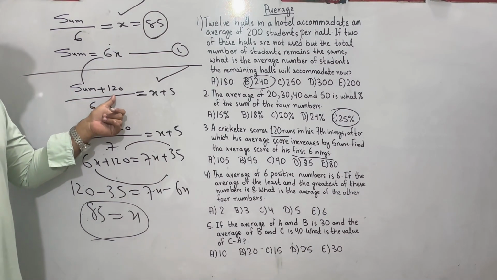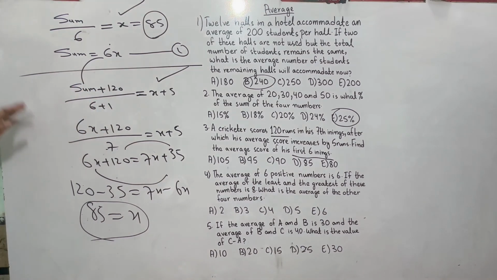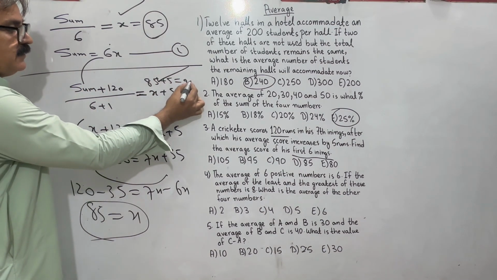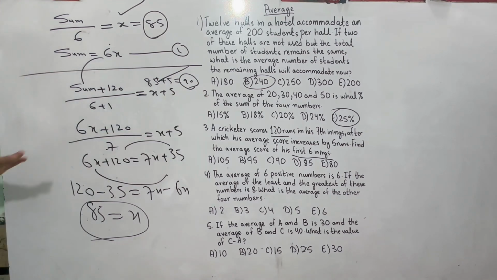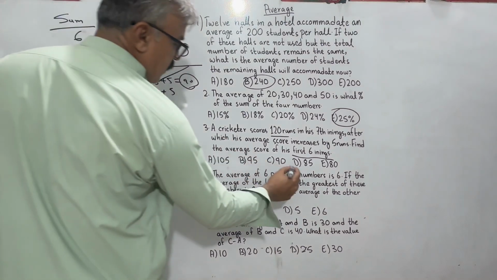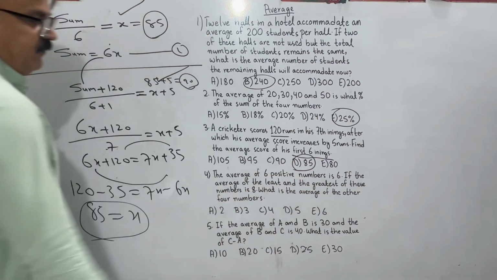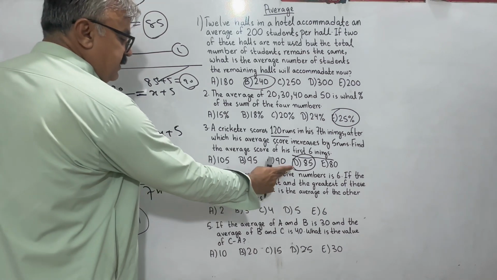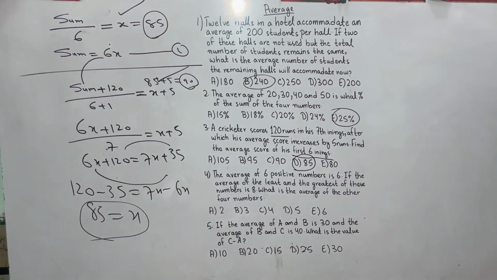On scoring 120 runs in his 7th inning, he raised his average by 5, 85 plus 5, 90. We are asked to find his average in his first 6 innings, that is 85. If we include his 7th inning, then the average is 90.